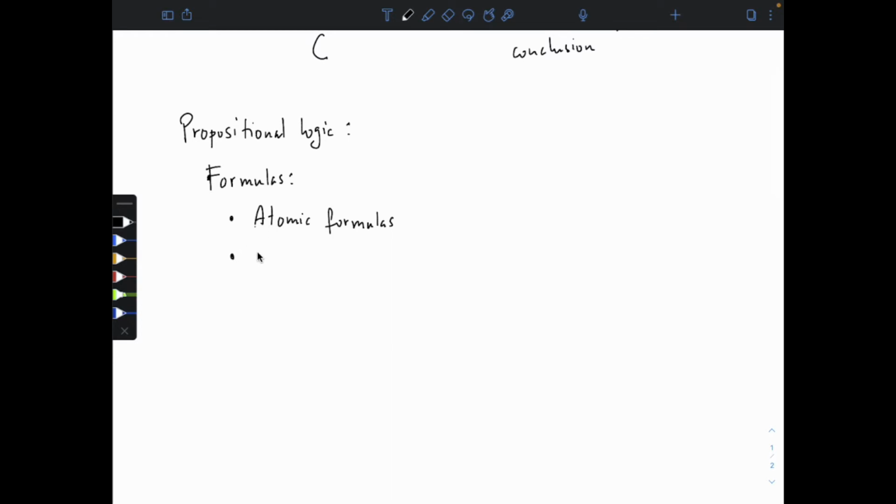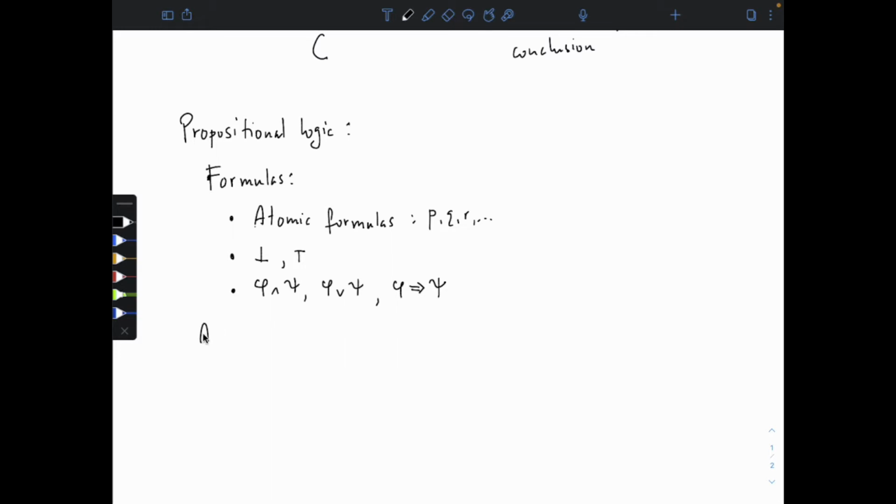And then we have the two constants, true and false. And then we have connectives. So the connectives are used to generate other formulas. And we'll have conjunction, disjunction, and implication. These are just some symbols, P, Q, R. With these, you can build the formulas, and you build them inductively, of course.